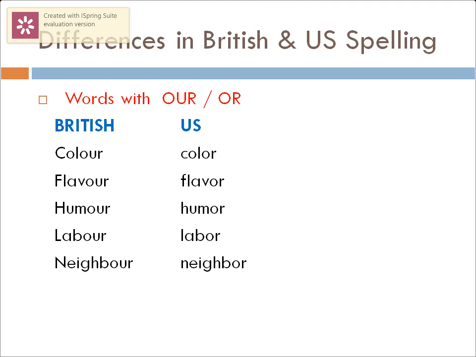For example, color in British spelling is COLOUR, whereas in the US, it is COLOR. So the letter U is eliminated in all of the words like flavor, humor, labor, neighbor in the American spelling.